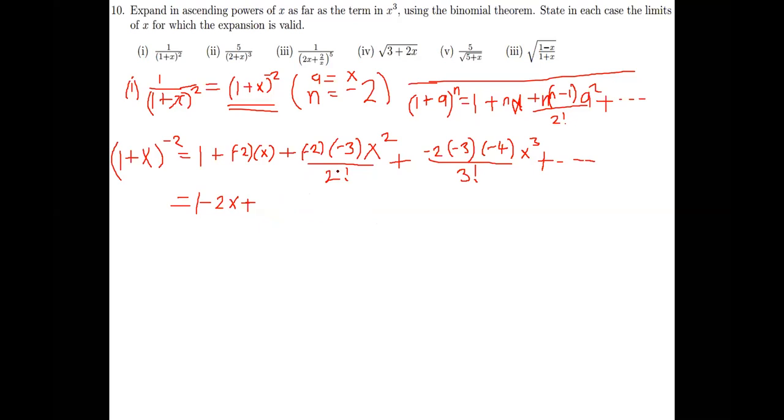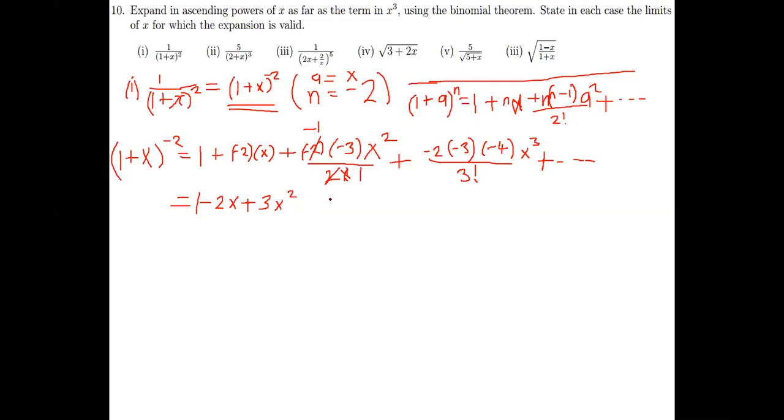So this 2 factorial is just the same as 2 times 1. So this 2 can cancel with that 2. You remain with negative 1 there. Negative 1 times negative 3, you get your positive 3 there. So it will be positive 3x squared.